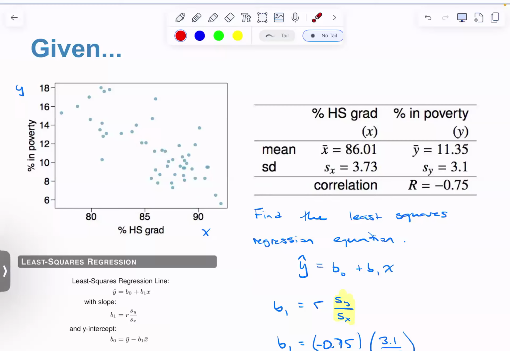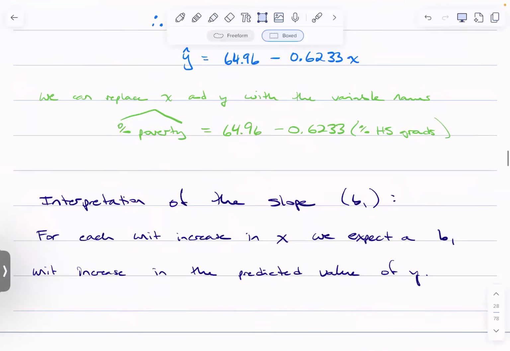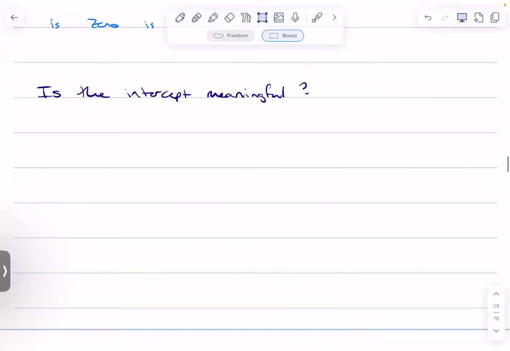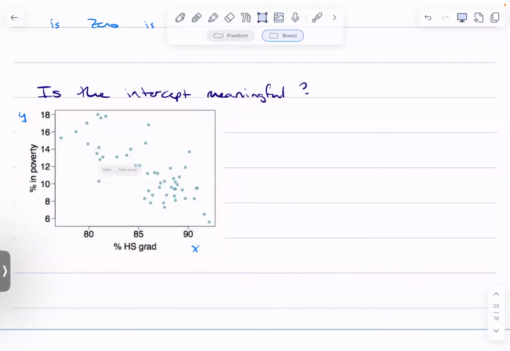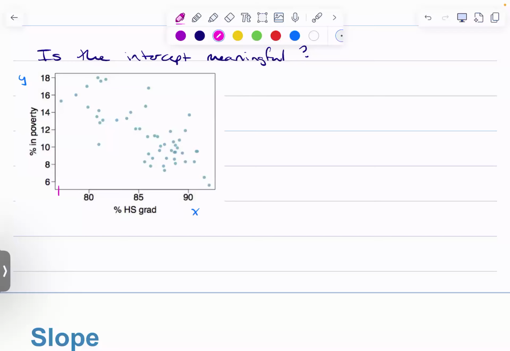And so X equals 0 would be way out here, right?